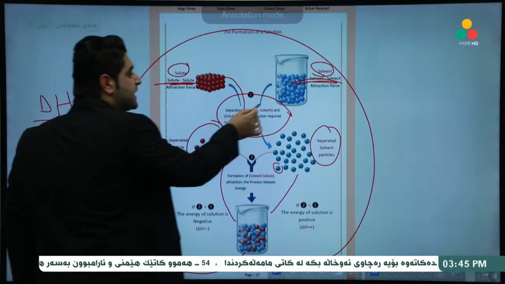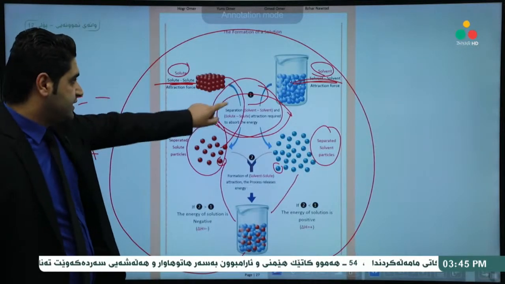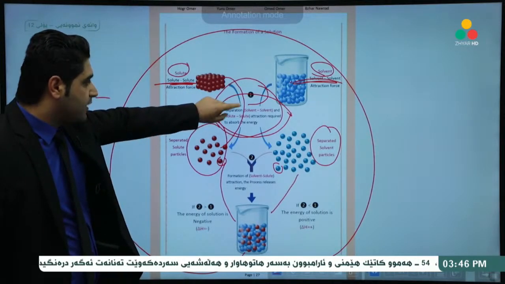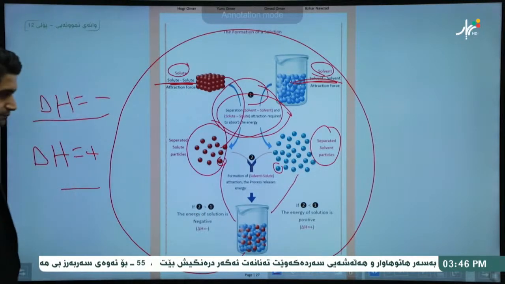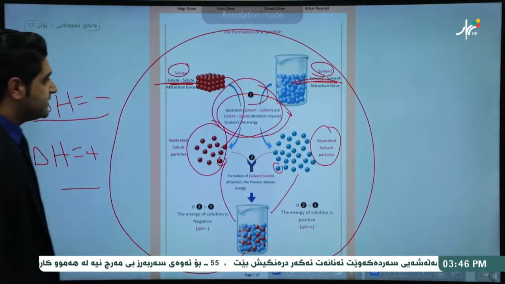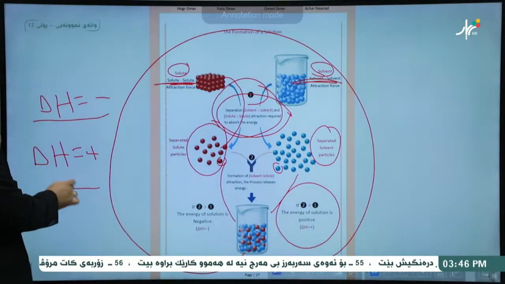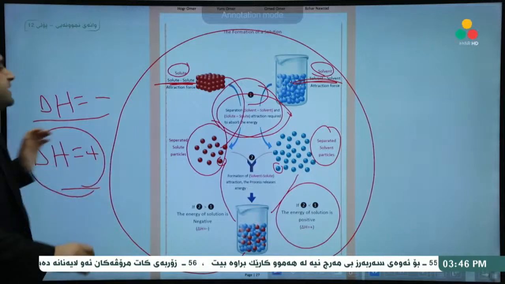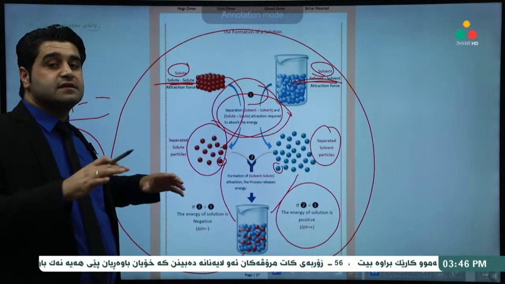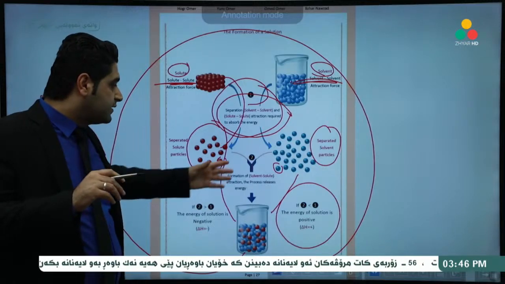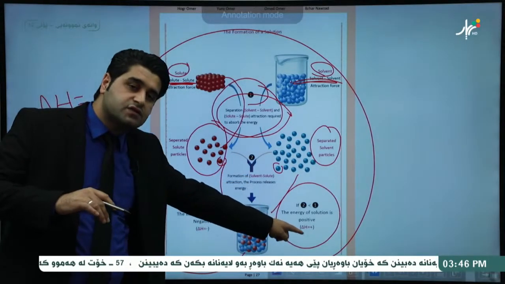If the energy of step 1, which absorbs energy, is bigger than the energy of step 2, the overall process is endothermic. It means the energy of separating particles from each other is bigger than the energy of reforming bonds, so it will be endothermic.